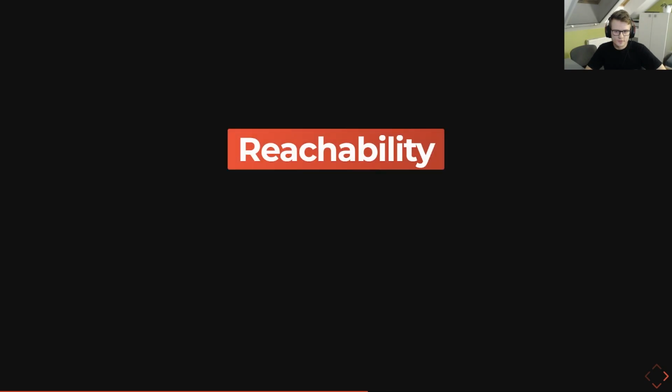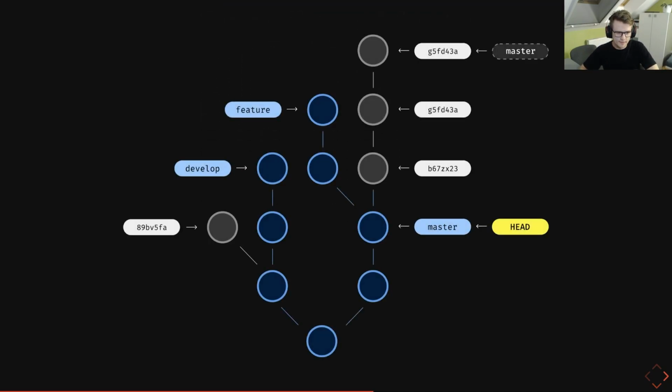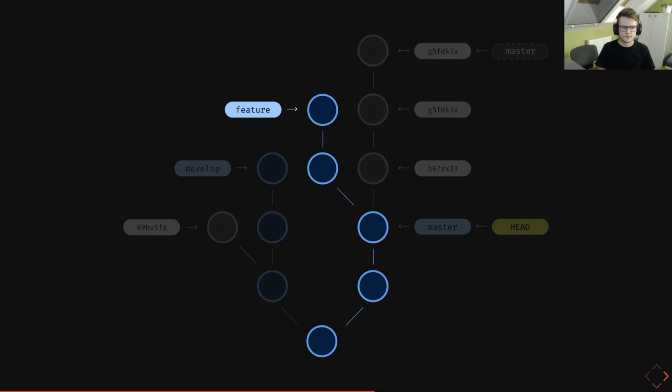When we are talking about branches and about our Git graph, we have to talk about these two terms, reachability and dangling objects, because these terms are very important. Take a look at this Git graph. We have a tree. For example, we type the git log command and this is the output.